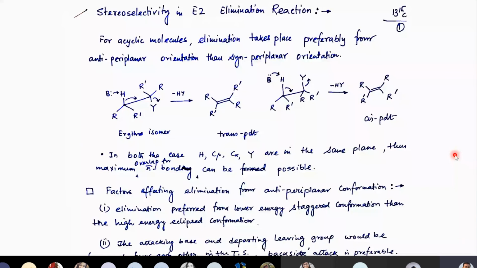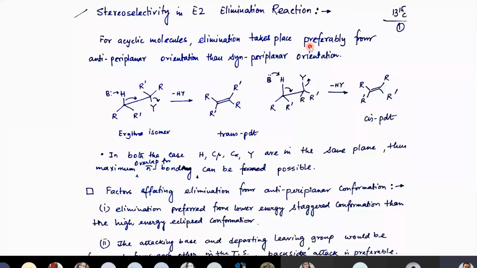Actually, this elimination is often associated with stereochemistry. Okay. So in this case, what we observe is they are kind of stereoselective. There are two possibilities that could arise for acyclic molecules. What are the two possibilities?